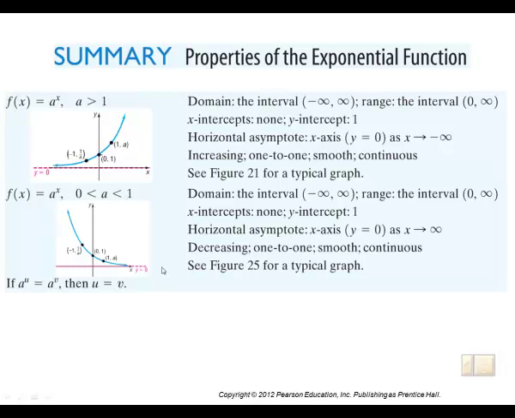Again, your horizontal asymptote is at y equals 0. And then at negative 1, it'll be whatever that reciprocal is. And your domain is going to be negative infinity to infinity, and your range is going to be from the horizontal asymptote on up to positive infinity.